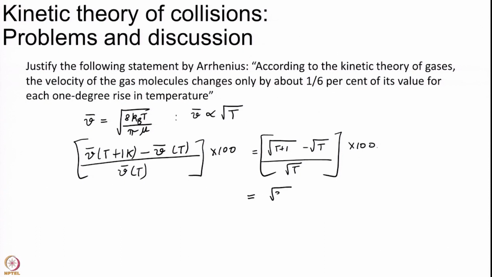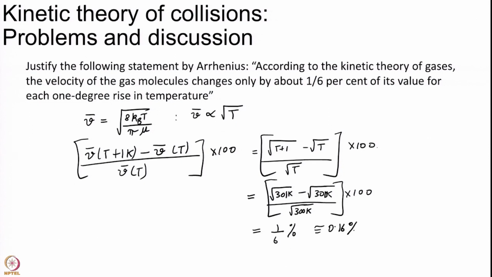So, this becomes root of 301, I am sorry, root of 301 Kelvin minus root of 300 Kelvin, divided by root 300 Kelvin. So, room temperature is 300 Kelvin or close by. You can work this out and show that this comes very close to 1/6%. This is very simple numerics, you can plug it into your calculator and prove this out, which is roughly equal to 0.16%.